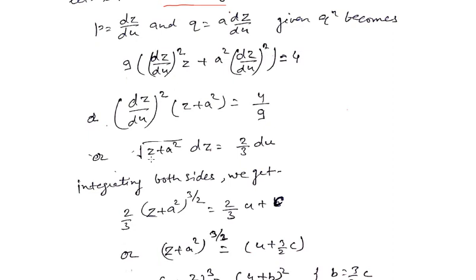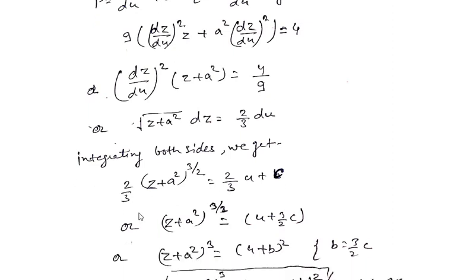Integration of square root x with respect to x will be x raised to the power 3/2 upon 3/2. So using this rule, integration of √(z + a²) gives (z + a²)^(3/2) into 2/3 equals (2/3)u + c.